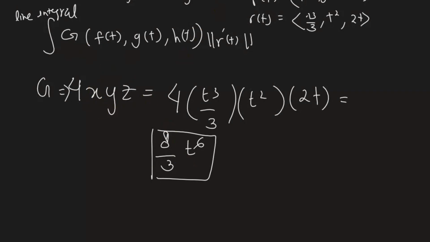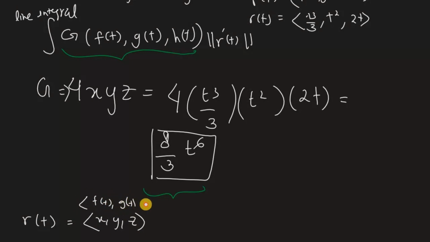We have just calculated this thing, which is here. Now we just have to find the derivative of the r. So r of t that I wrote over here is in the form of x, y, z, or you can say f of t, g of t, and h of t.